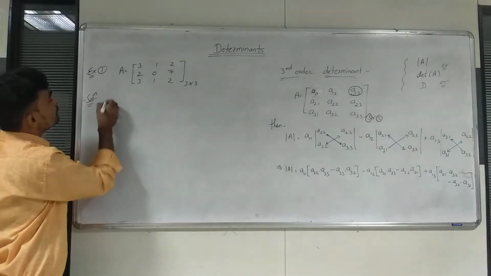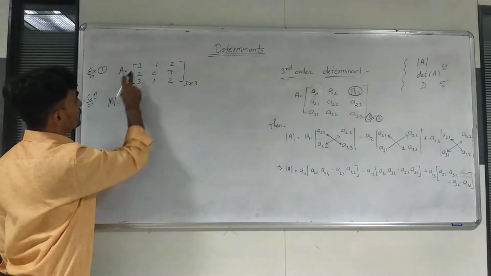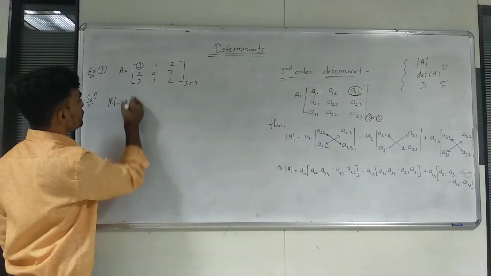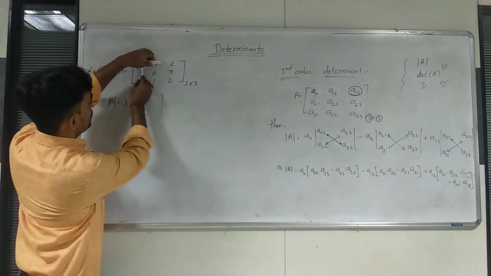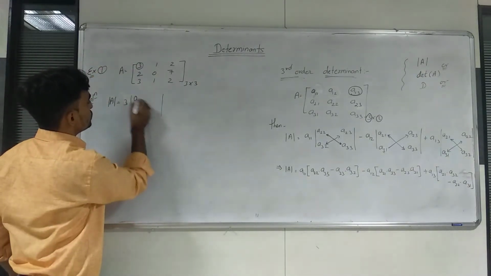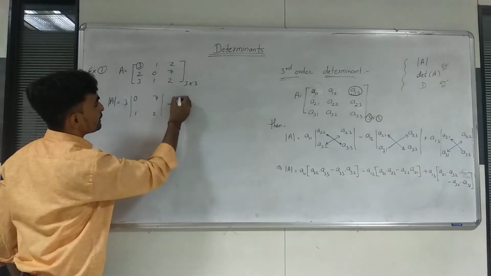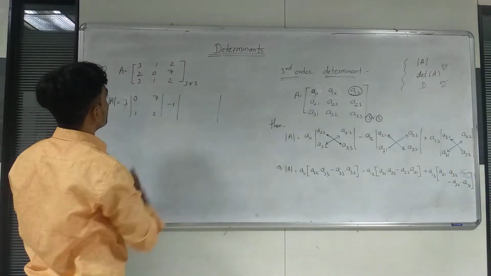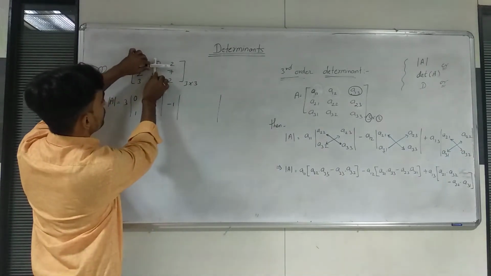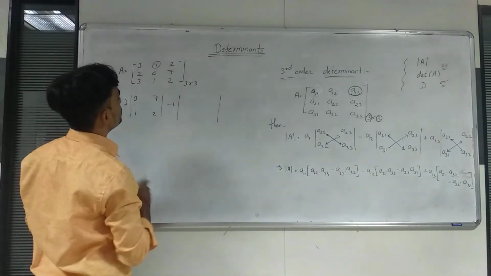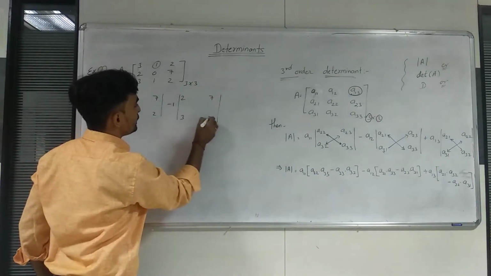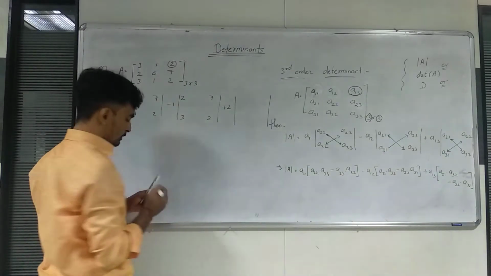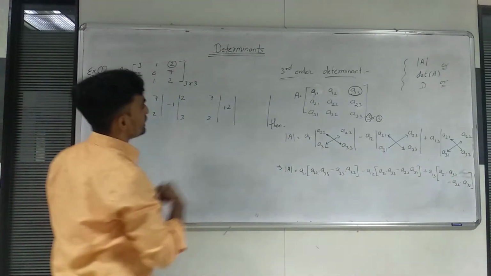So the solution: determinant of A equals 3, the first entry, into the remaining entries 0, 7, 1, 2, minus 1 into the second entry, rest of the entries 2, 7, 3, 2, plus the third entry, same process, so you will get 2, 0, 3, 1.